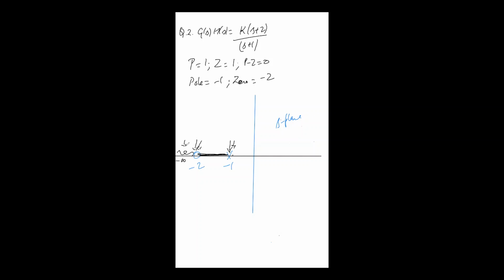So my root locus branches will only exist between minus 1 and minus 2. Root locus branches will start from k equal to 0 at the open loop pole and terminate at k equal to infinite at the open loop zero. The direction will be from pole to zero. So this is my root locus diagram for the second question.